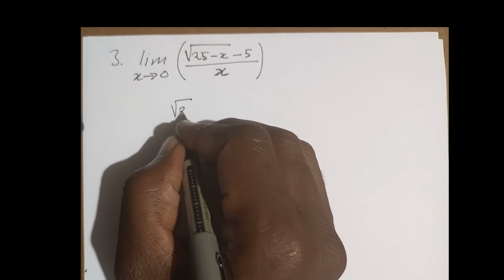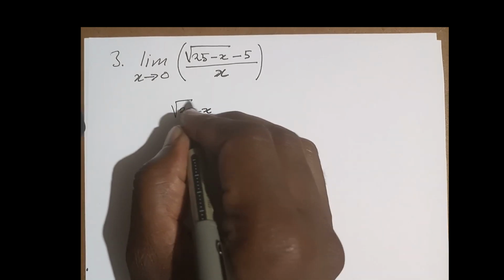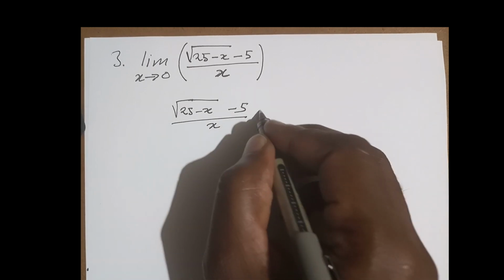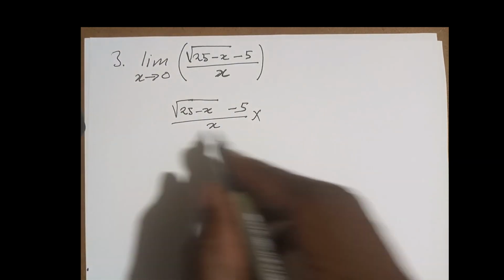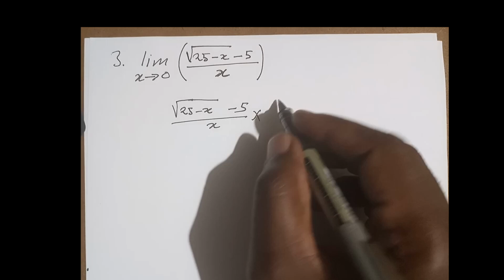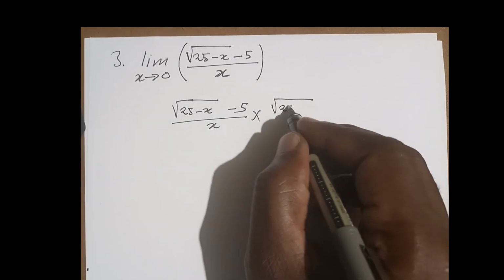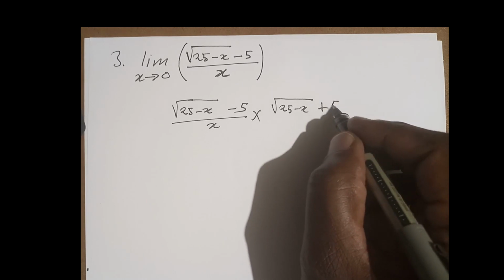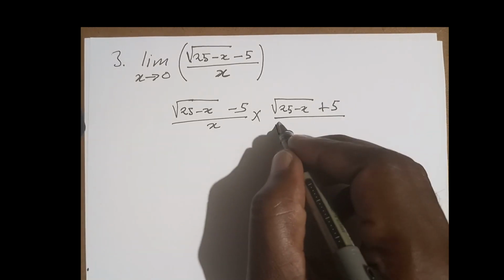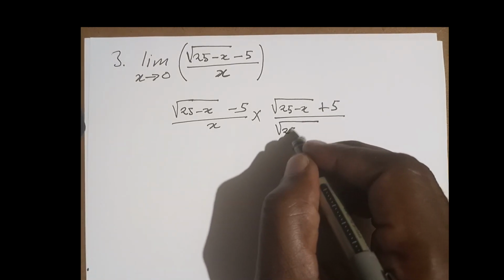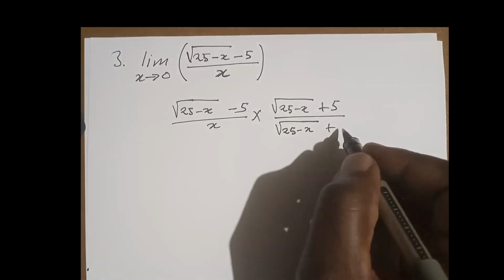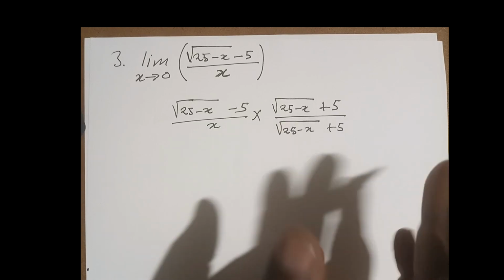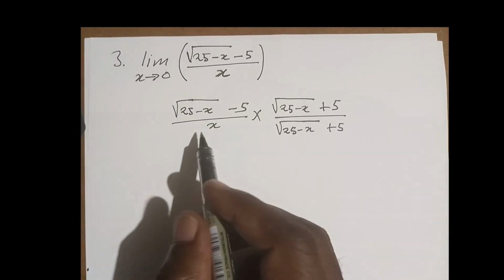Write (square root of 25 minus x, minus 5) over x, multiplied by the same thing here, square root of 25 minus x, only with an opposite sign. You want to write this in such a way that you end up getting a difference of 2 squares for the numerator, because you are rationalizing the numerator.